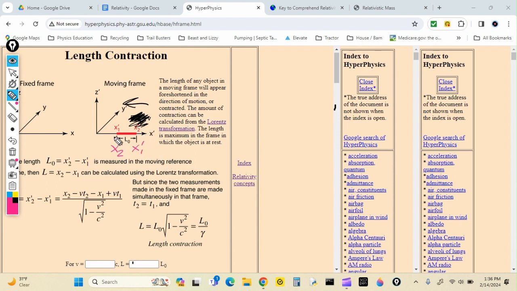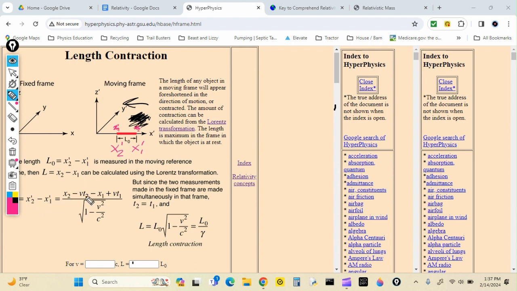We get to x2 first, and then we subtract between the two, and this gives us the length. This would be the green man that's moving, and these would be the two points that occurred between the two time periods. So x2 minus x1, that would be a length.